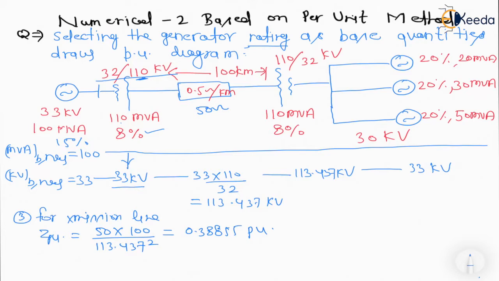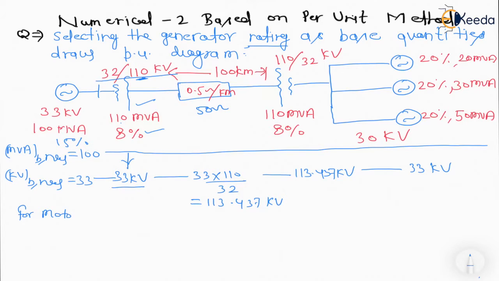Now if you look at the second transformer, both transformers are the same; the second is a step down transformer and the first is step up. So the value will be the same. ZPU of transformer number 2 will be 0.068 per unit.